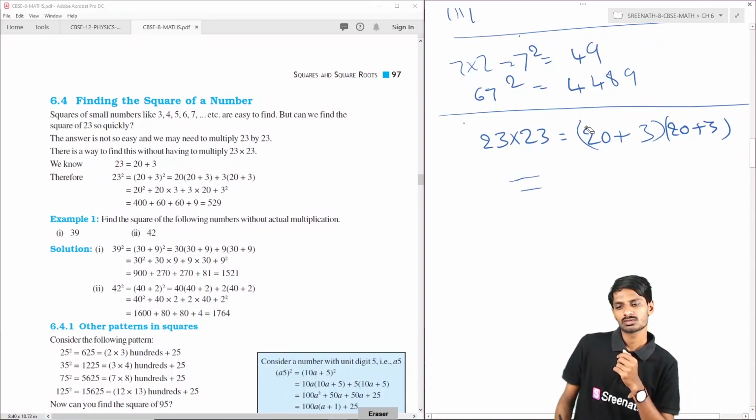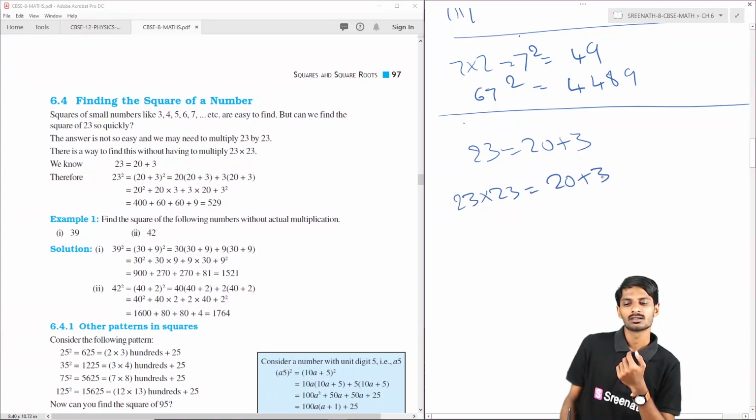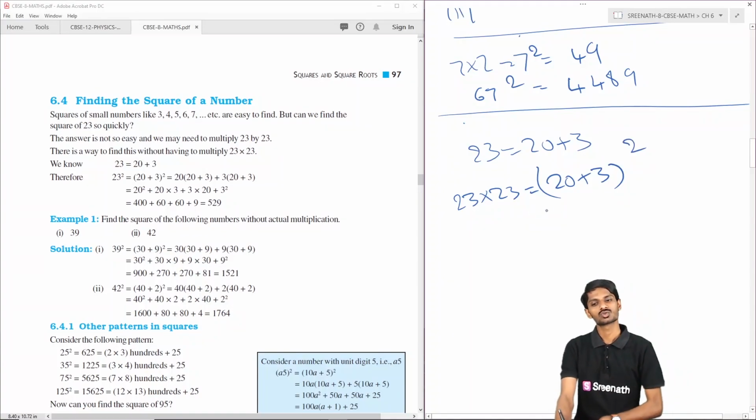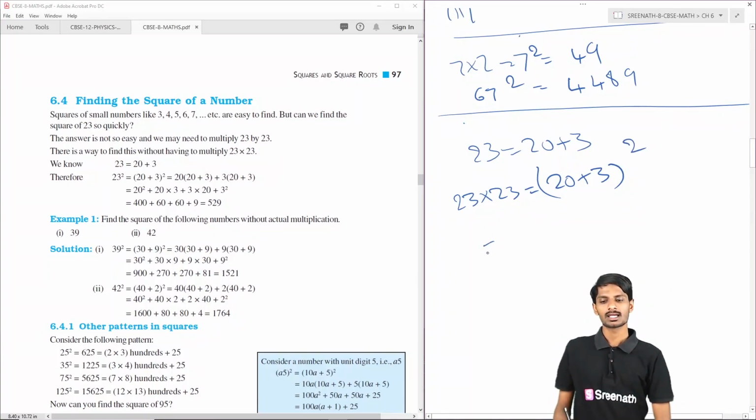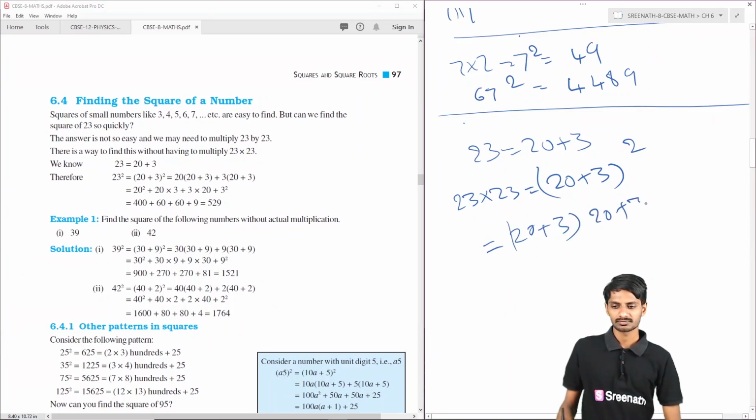So starting from the beginning, 23 can be written as 20 plus 3. Then 23 into 23 can be written as (20 plus 3) into (20 plus 3), that is (20 plus 3) whole square.